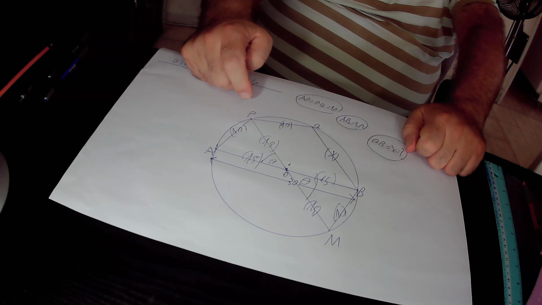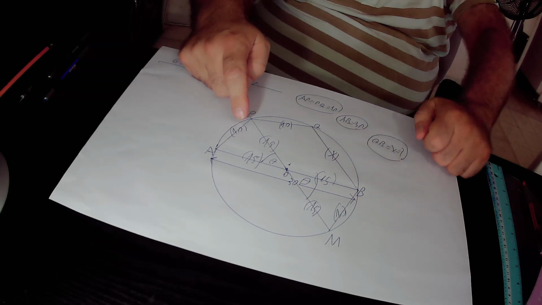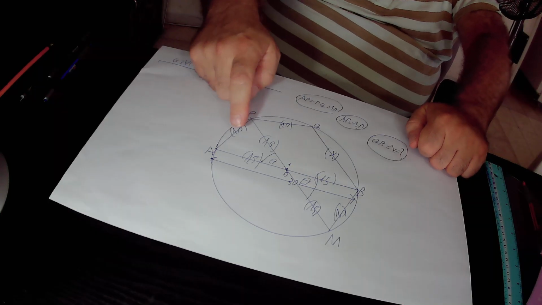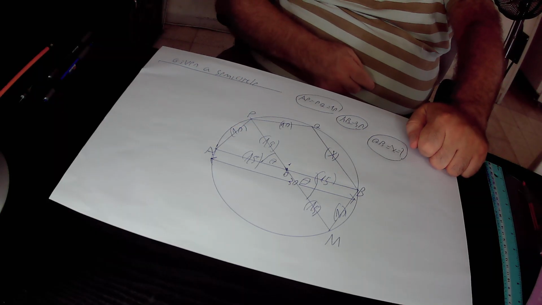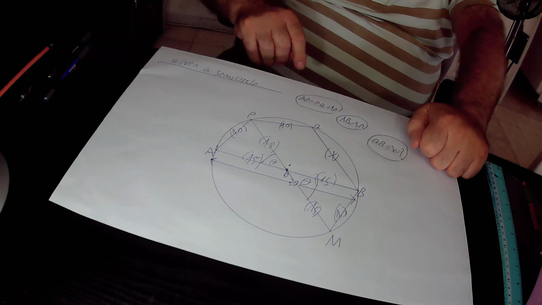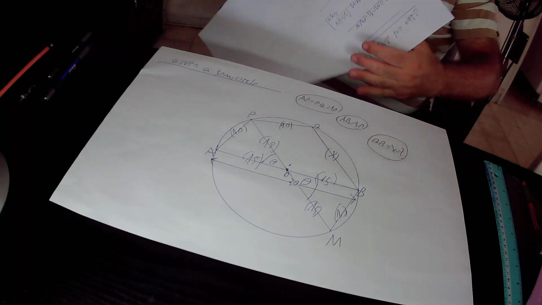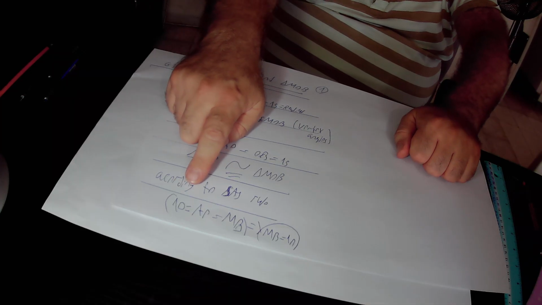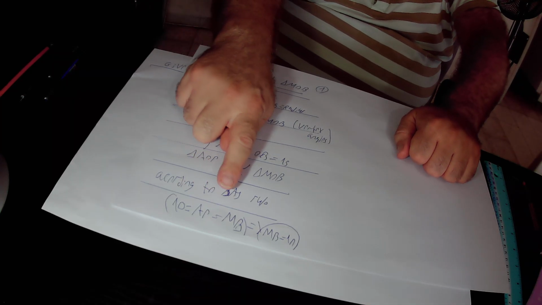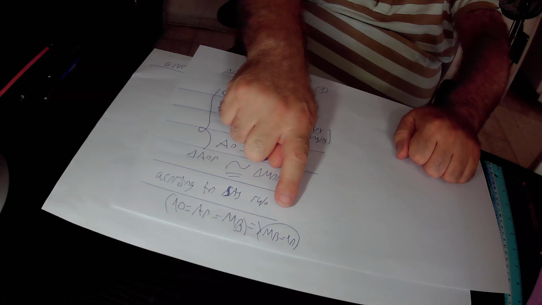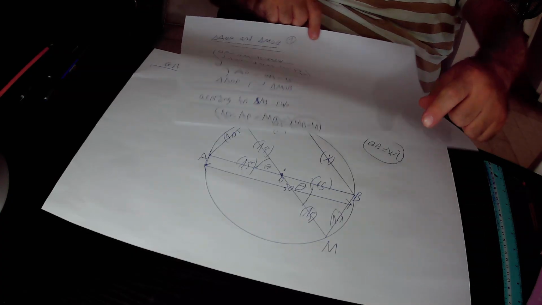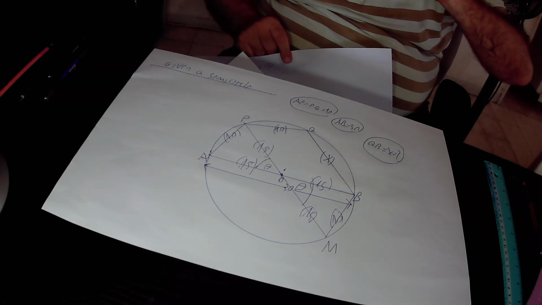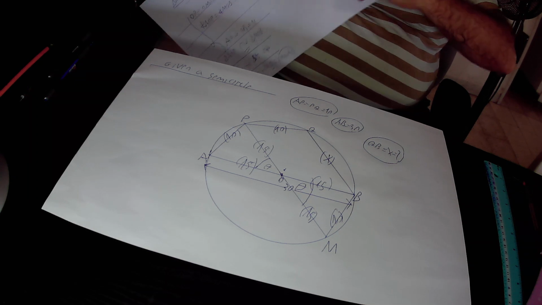According to the rule, the corresponding sides of triangles that can go into each other are equal. Therefore the two corresponding sides PA and BM must be equal to each other. But PA is 10. So we can write here that PA equals 10, and from this equation 10 equals AP equals MB, we derive that MB also equals 10 units in length. This is MB, which is equal to 10 units in length.